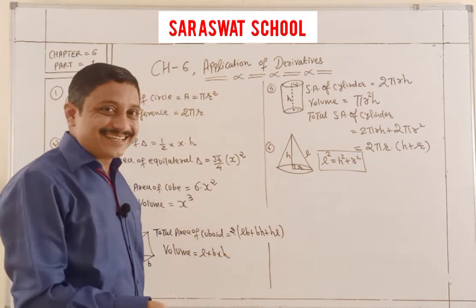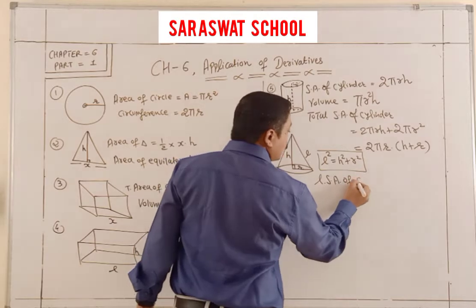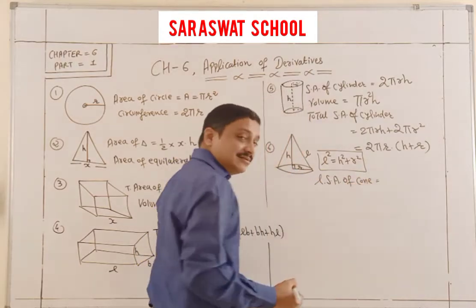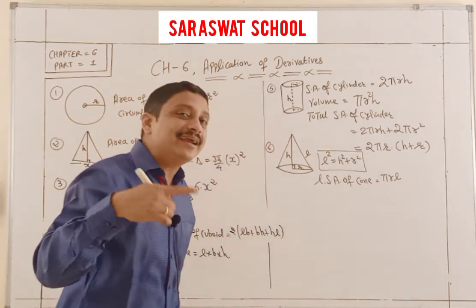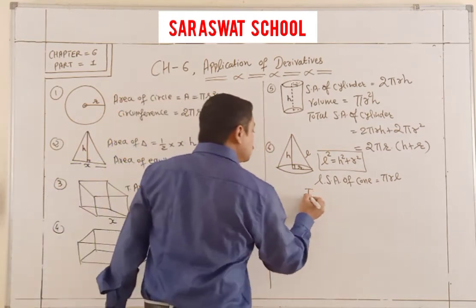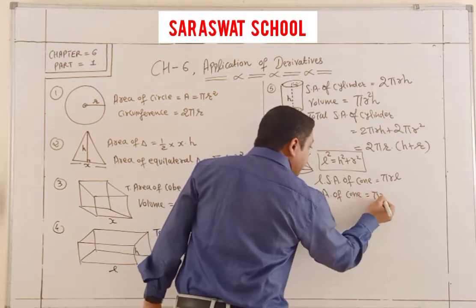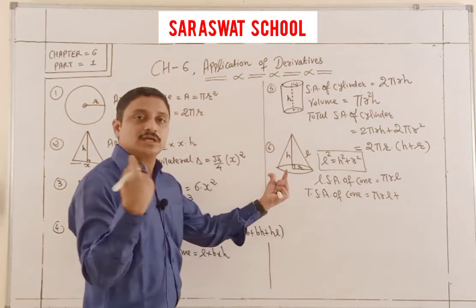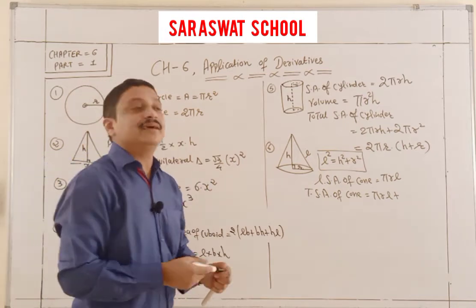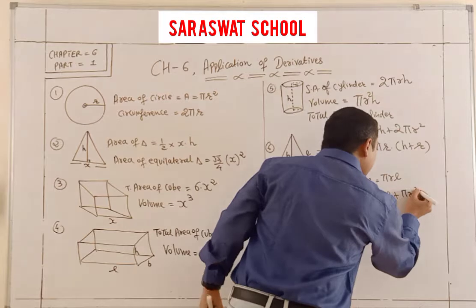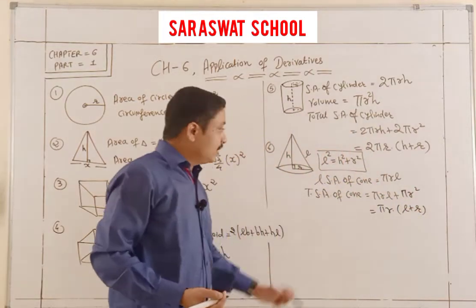Now the lateral surface area of the cone is pi r l, where l is the slant height. And the total surface area of the cone means pi r l plus the bottom circle area pi r square, which is pi r times l plus r.